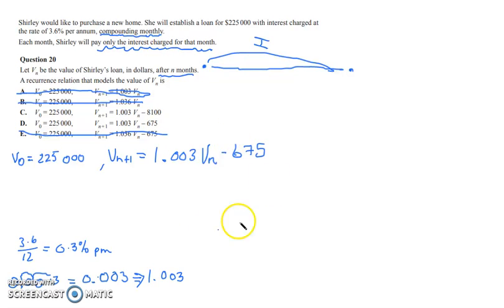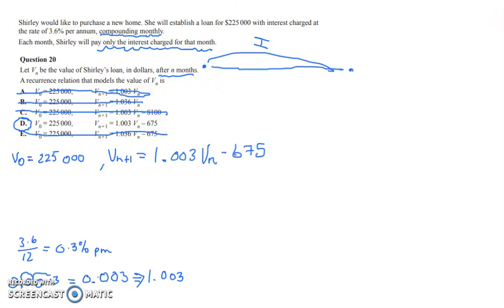This recurrence relationship will always bring it back to $225,000, which leaves us with the answer D. It can't be C because that's minus $8,100. If you worked out a percentage of that, the most likely would be $8,100.